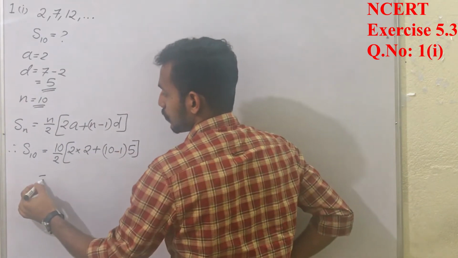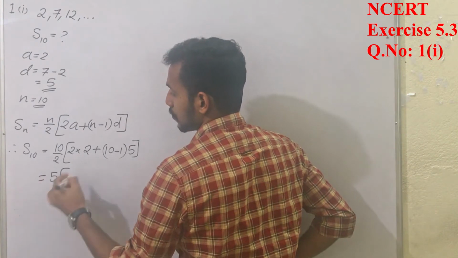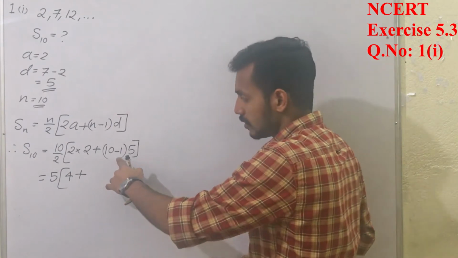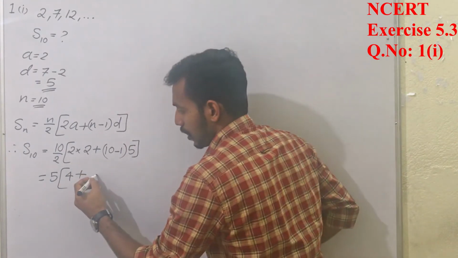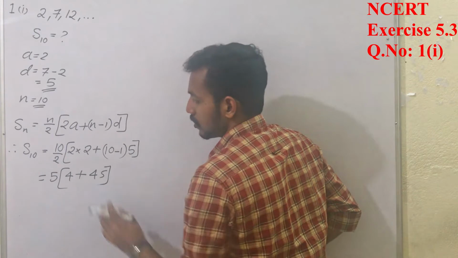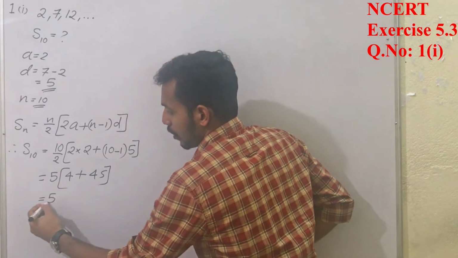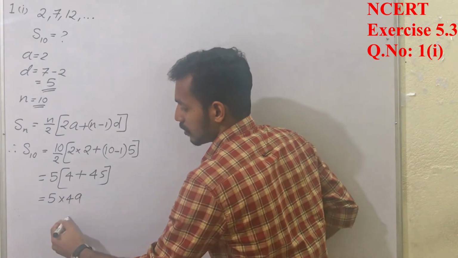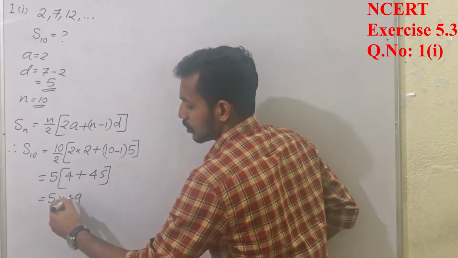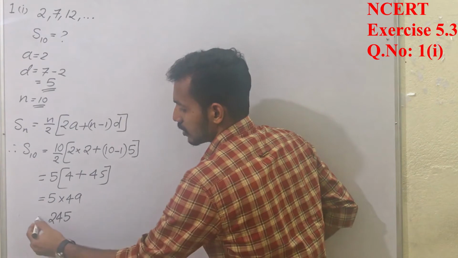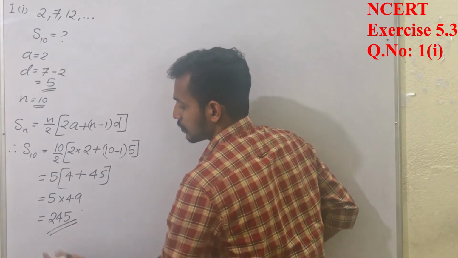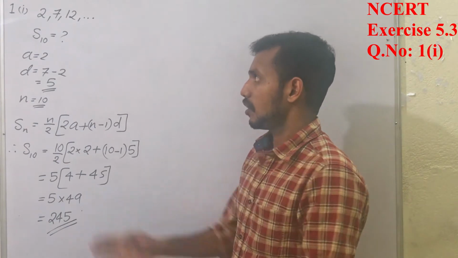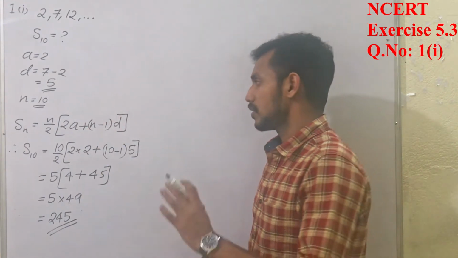So it is equal to 5 into (4 plus 9 into 5, which is 45), which is equal to 5 into 49, which is 245. So this is the sum of the first 10 terms of the given AP. This is a very simple question.